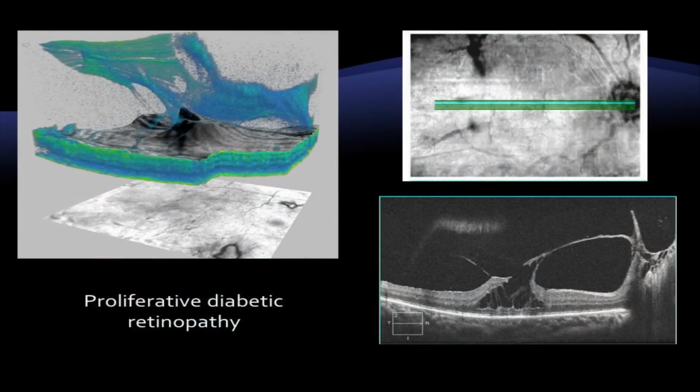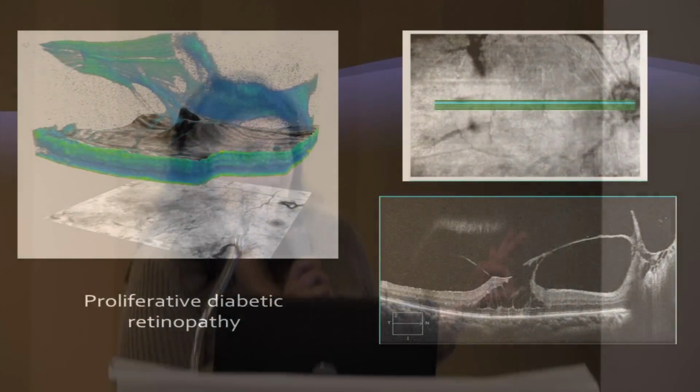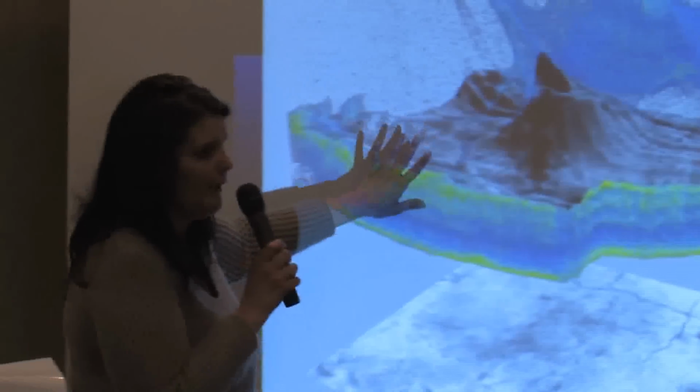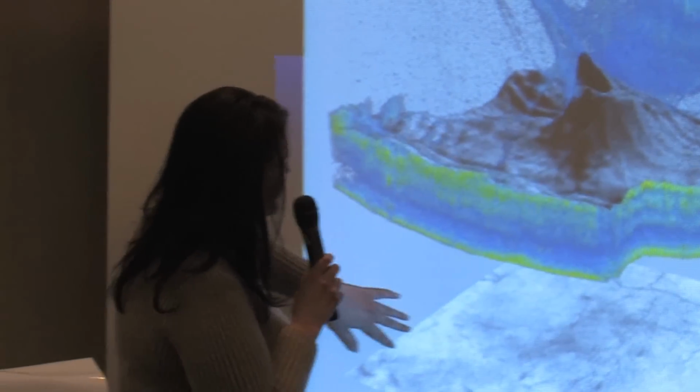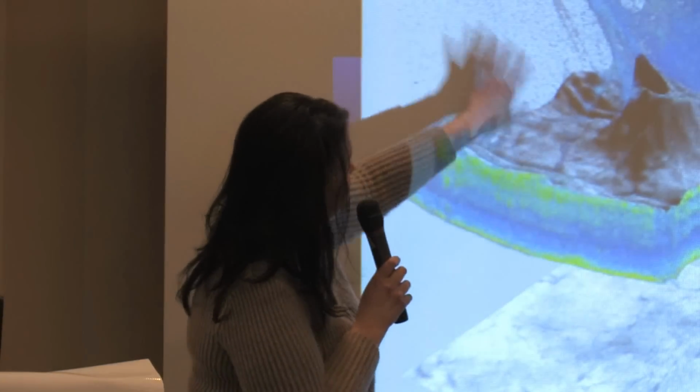And this is a patient with diabetic retinopathy and changes from diabetic retinopathy, like bleeding of new blood vessels. But I wanted to show you how we get 3D images also from OCTs.